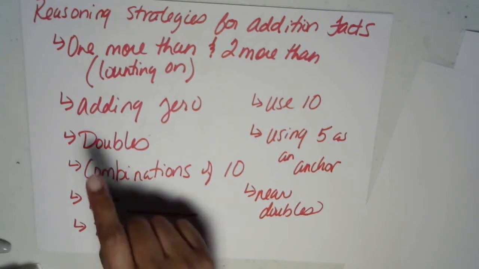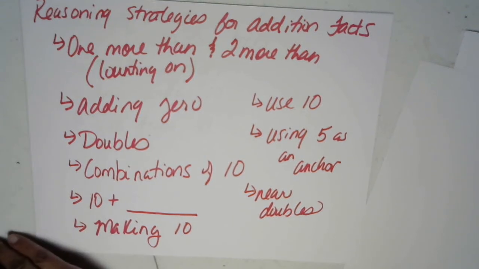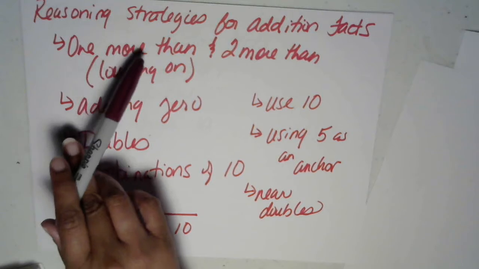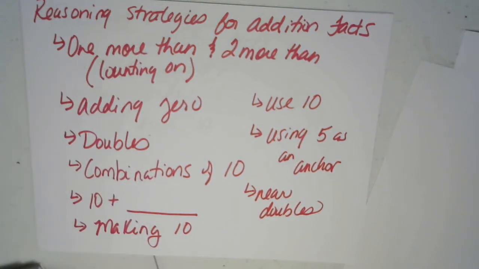So, reasoning strategies for addition facts. We have the reliable counting on, one more than or two more than. If we have a problem like 7 students are on a slide, 2 more join the slide, how many students are on the slide?